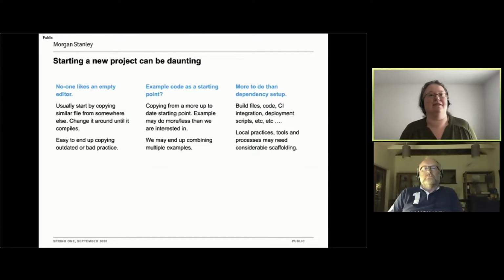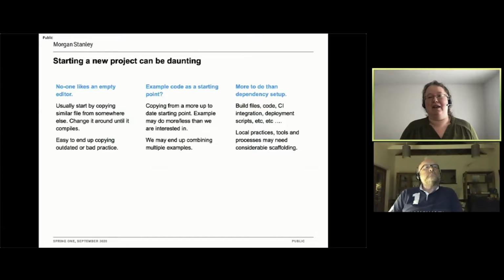It's a terrible thing to do. A better idea is to take some example code as a starting point. But it's really difficult to find an example that does exactly what you want. You end up going across multiple different examples, taking a bit from one, a bit from another. You cobble it all together and you hack it until it works.